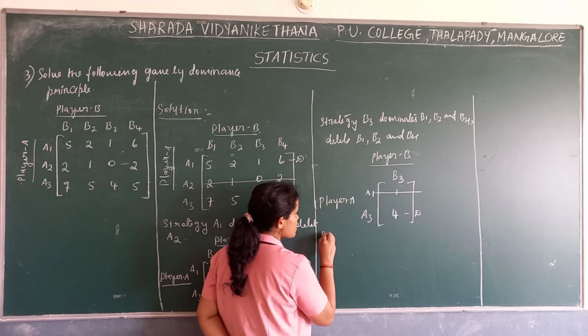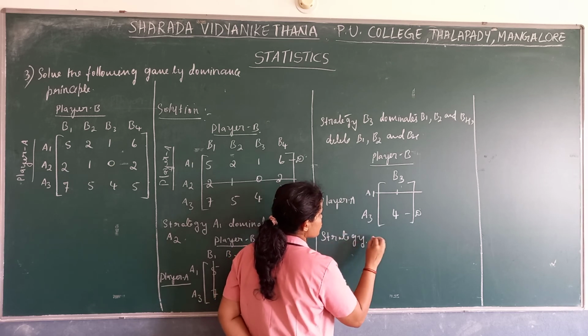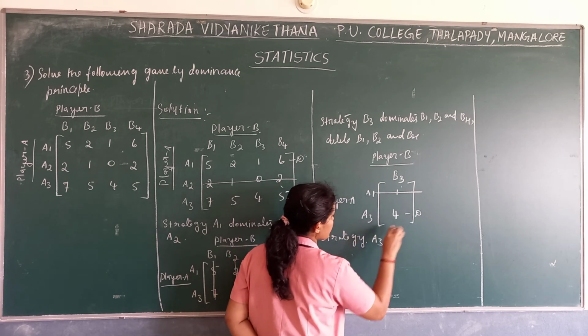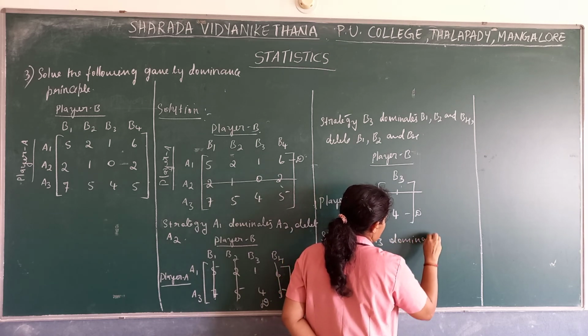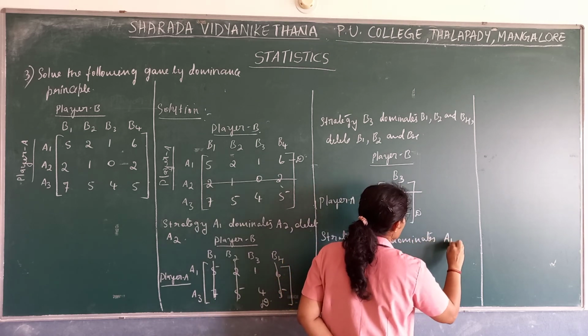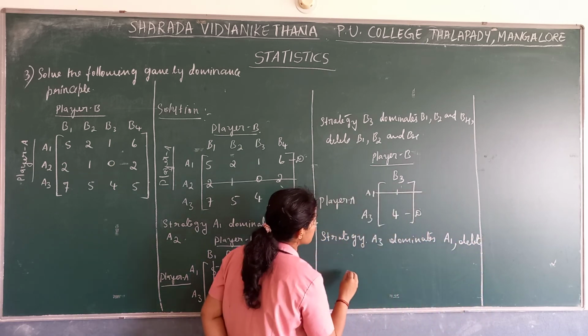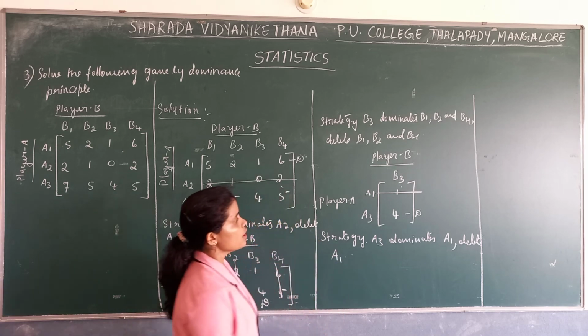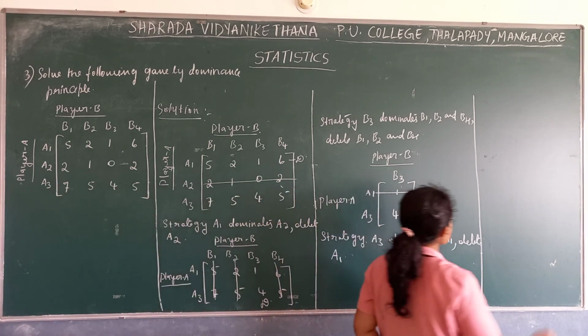So here strategy A3 dominates A1. So delete A1. Now we have to write the saddle point. What is the saddle point here?